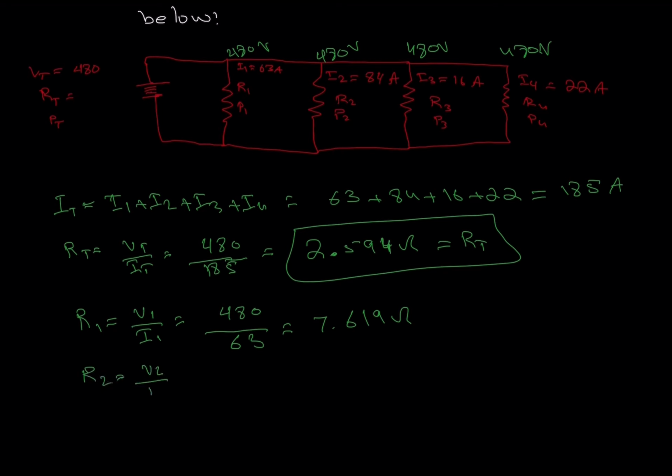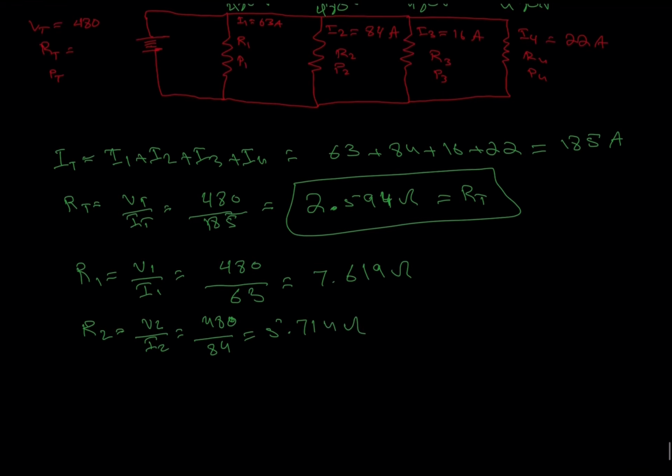R2 will be V2 over I2. V2 is 480. I2 is 84. 480 over 84 will give me 5.714 ohm. R3 will be V3 over I3. V3 is 480 divided by I3, which is 16. 480 divided by 16 will give me 30.